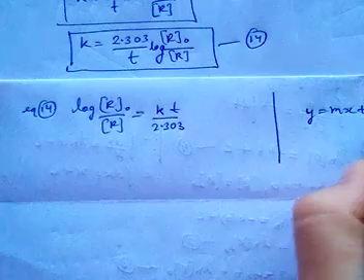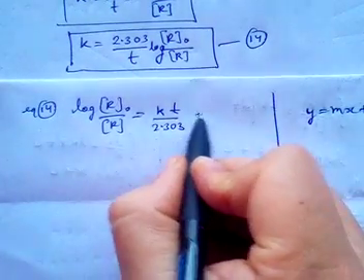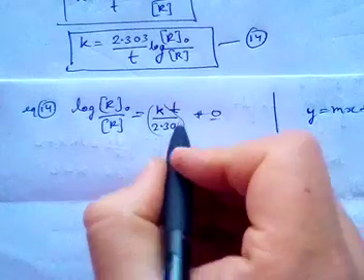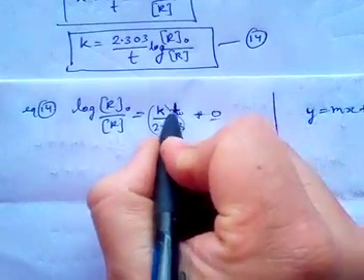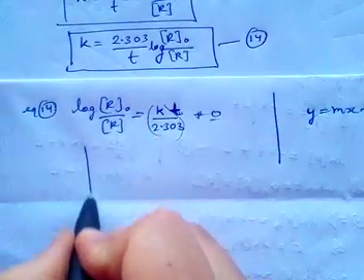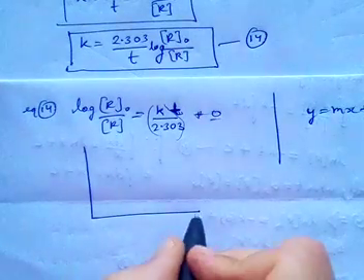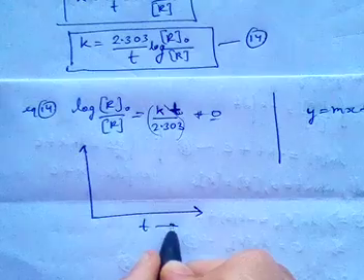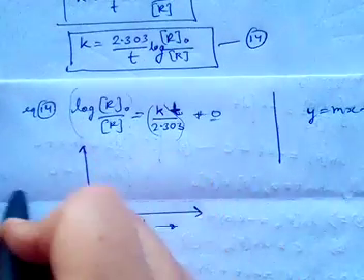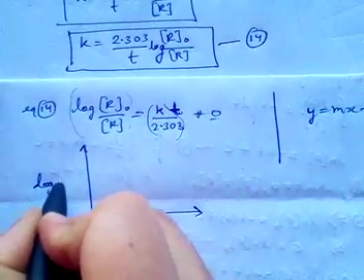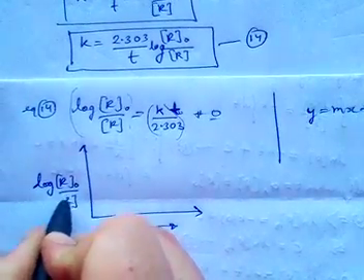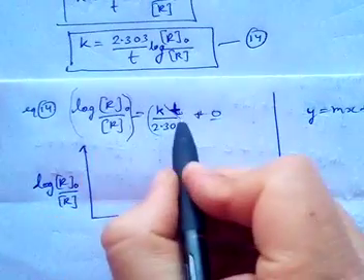There's no constant, so we'll just assume it's 0, and this is the slope, and t is the variable here. So if I plot the graph, the coordinate here is time t, and here the coordinate is log r0 by r, so everything versus time.